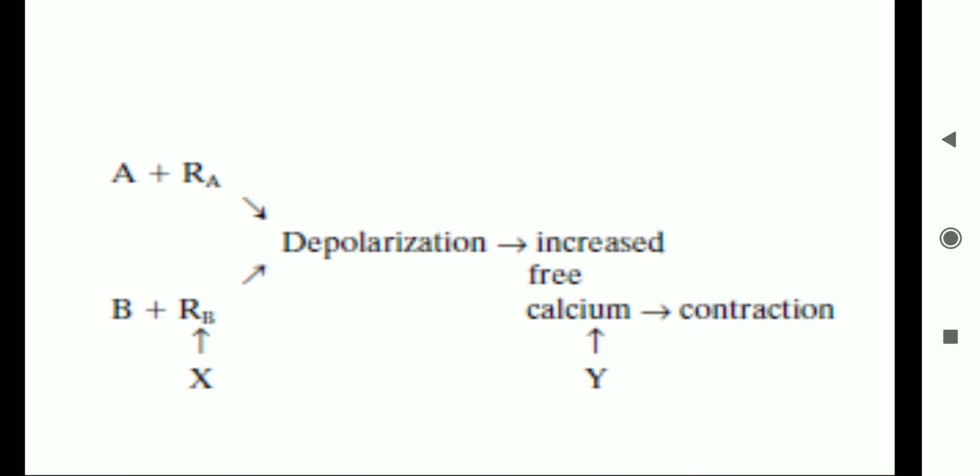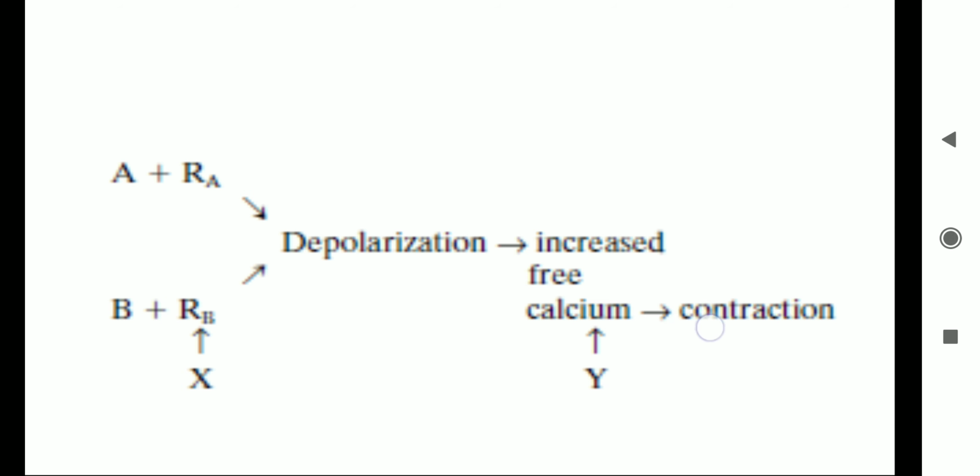So let's see, this is an example of a contraction. This X is the agonist and this receptor is the receptor for drug B. When this comes and binds, there would be depolarization of the membrane and hence calcium ions will be released and contraction will occur.